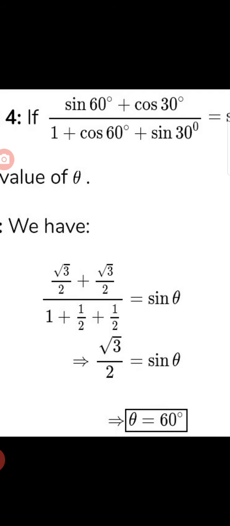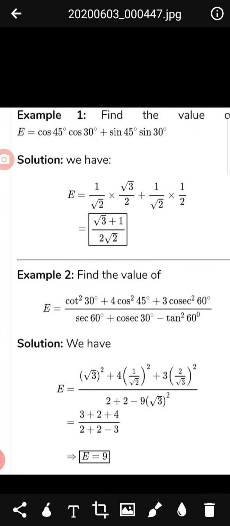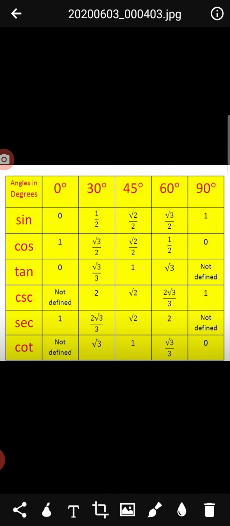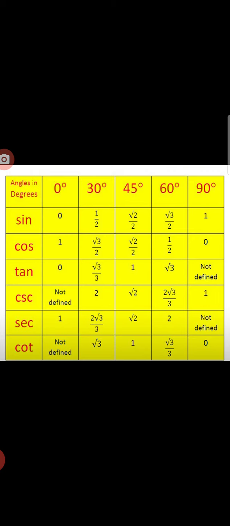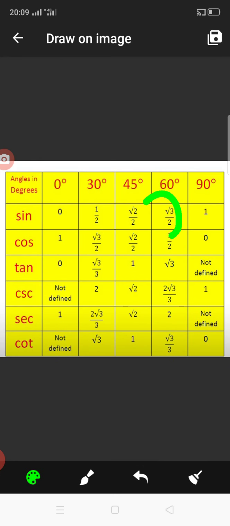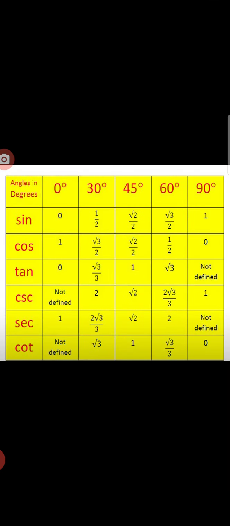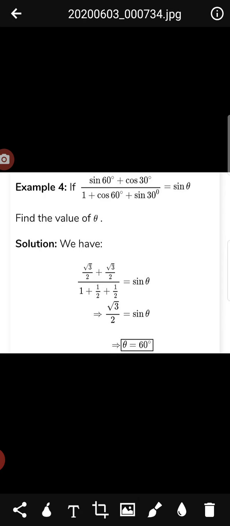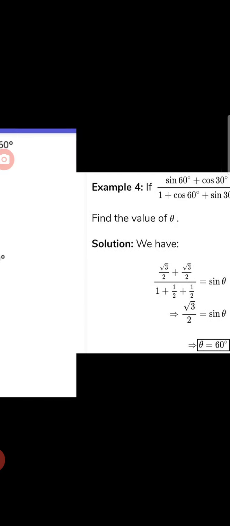Then come to the table. Root 3 by 2 is the sine of which angle? See, root 3 by 2 is the sine of 60 degrees. Therefore, our answer root 3 by 2 is nothing but sin 60.